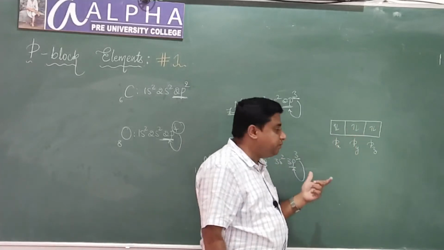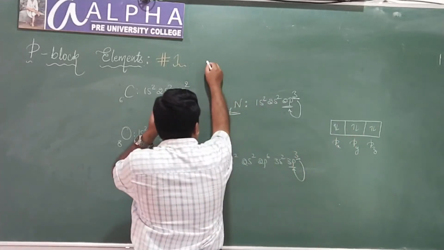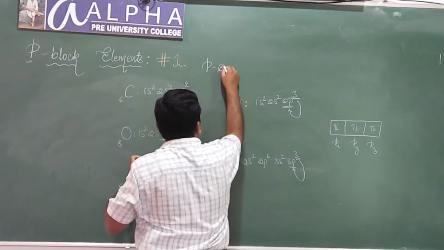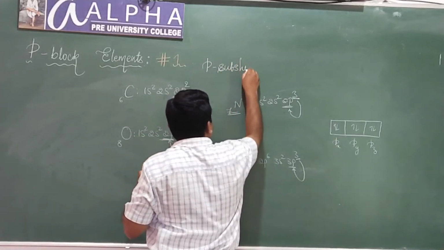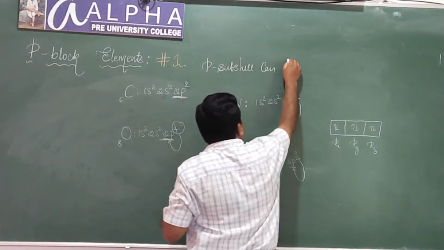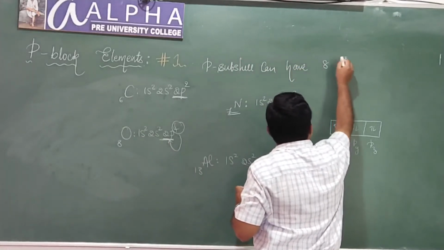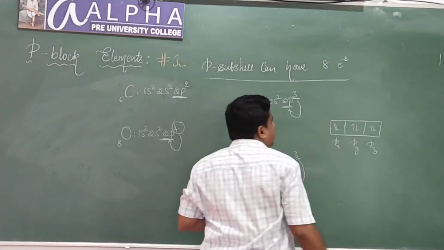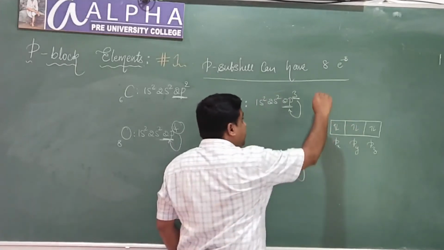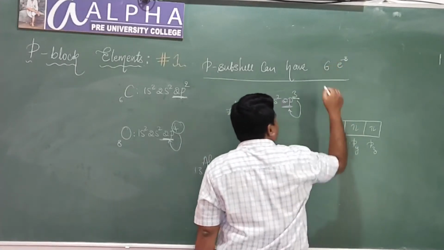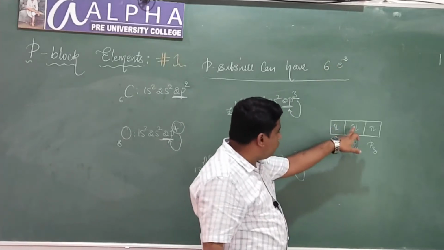P subshell can have how many electrons? 6 electrons. 2, 4, 6.